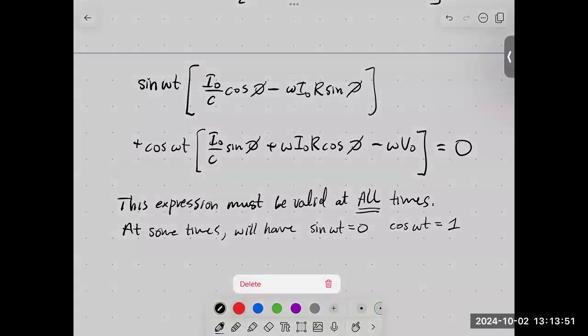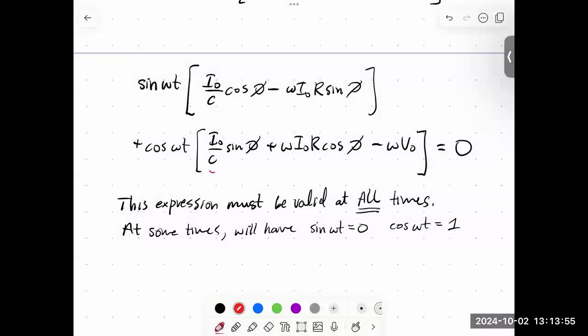Let's call this, so in this case, bracket 1 has to be equal to 0.